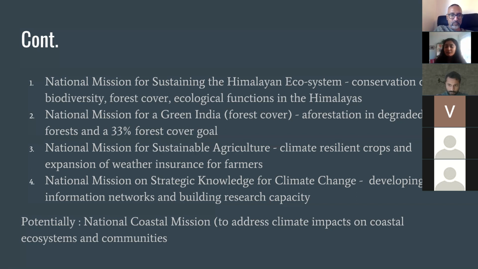We do have commitments that we've made internationally, but from what I can tell, there's very little integration between other climate-related policies and this. So NAPCC started in 2008. Now it's been kind of sidelined.